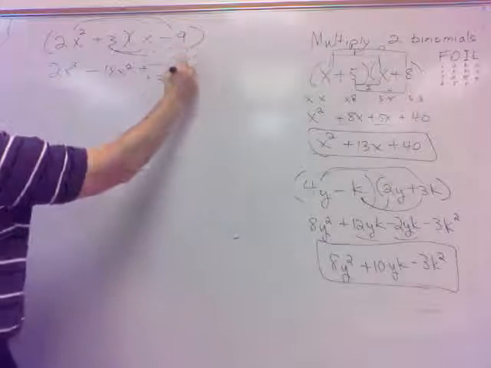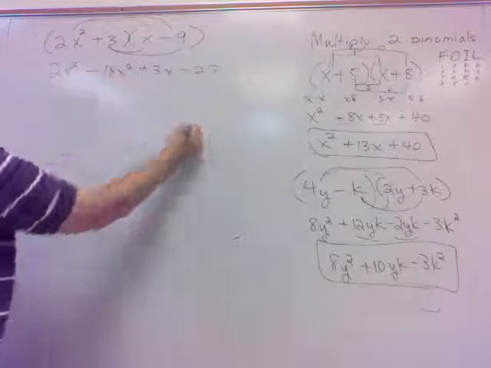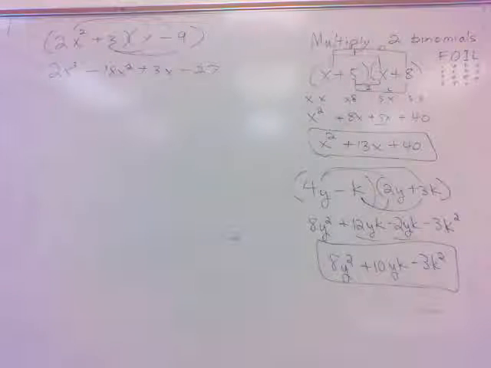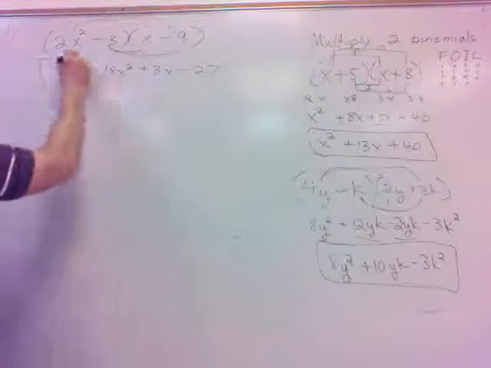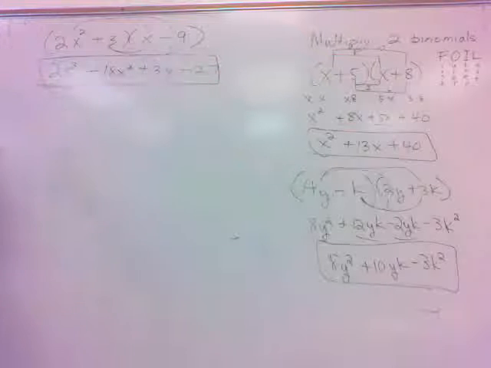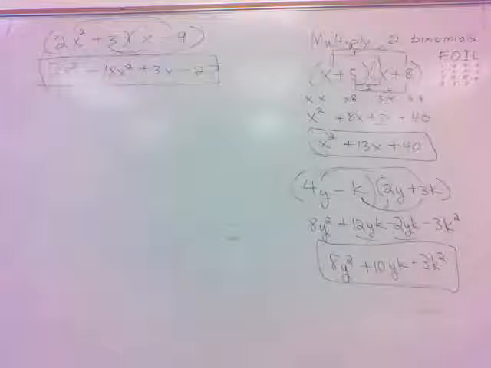And then 3 times minus 9 is minus 27. And if we look to see what we can combine there, what can we combine there? Nothing at all. All right. So not always will we be combining the middle terms, but it happens a lot. But it won't always. In that case, nothing combines there.